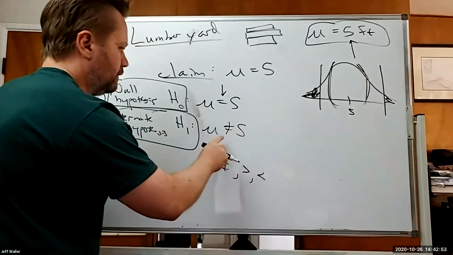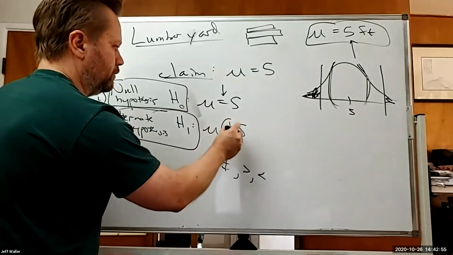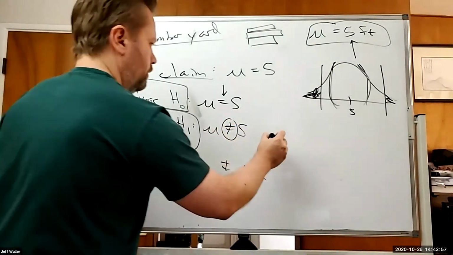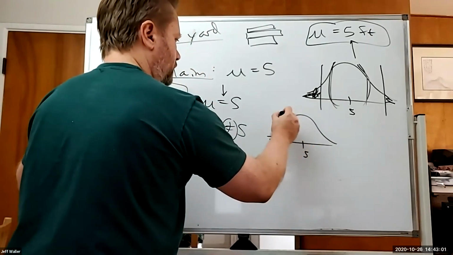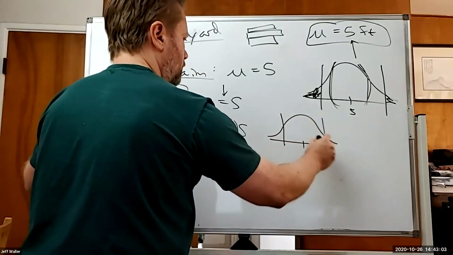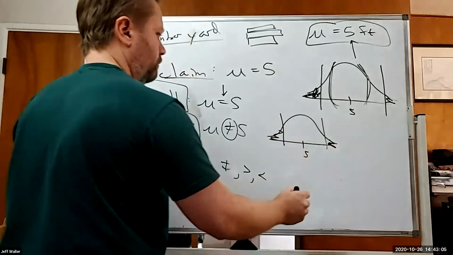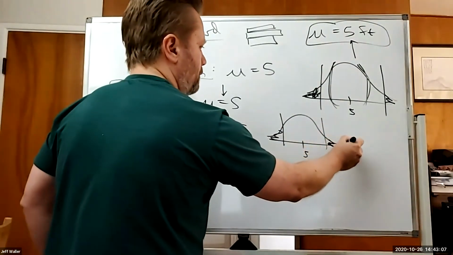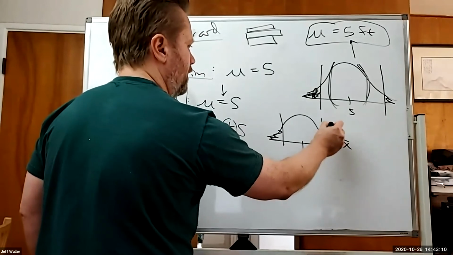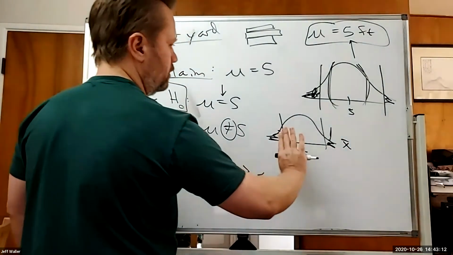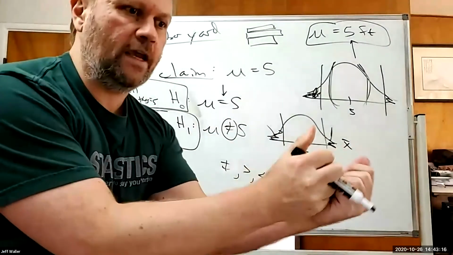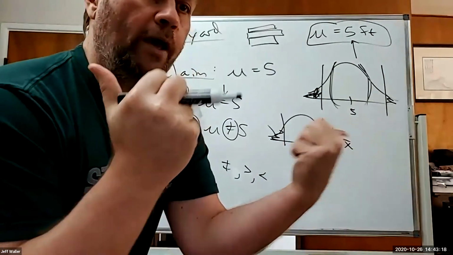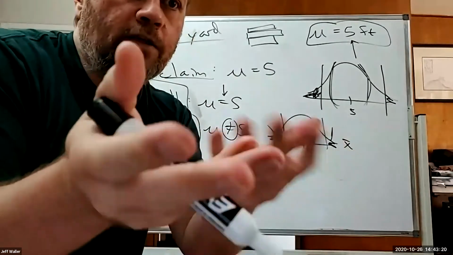So in this case, do you see how this is a not equal to? Which means I could either be down here or up there. If we walk around and get a sample mean of 6, that might be enough to say the claim is wrong because I'm so far away. Or if I get a sample mean of 4, that might be enough too. It depends on what the standard deviation is, like somebody pointed out.